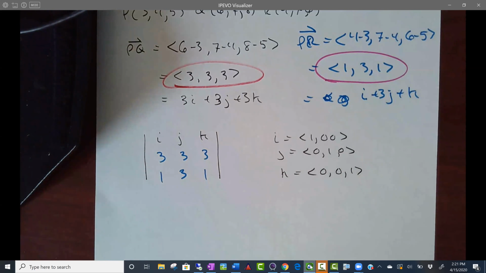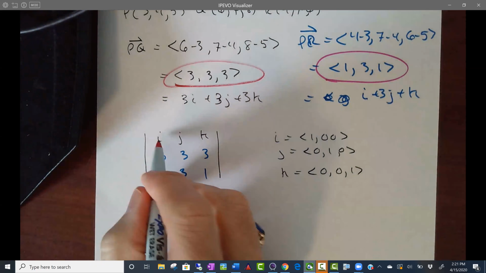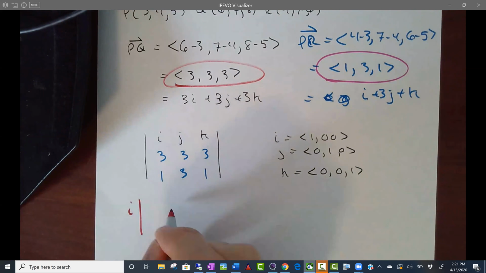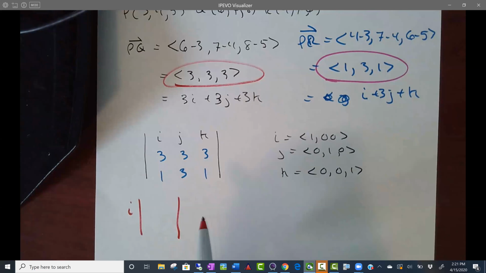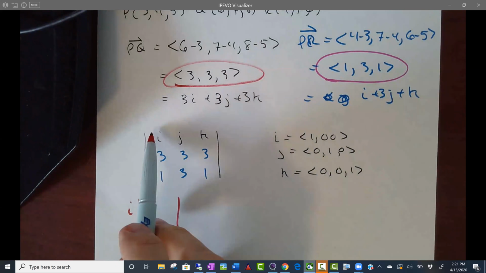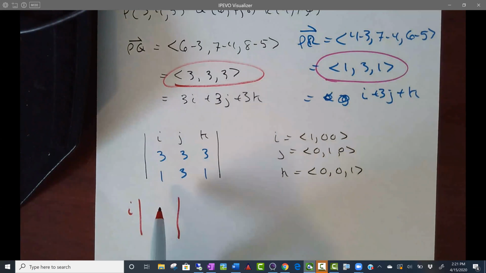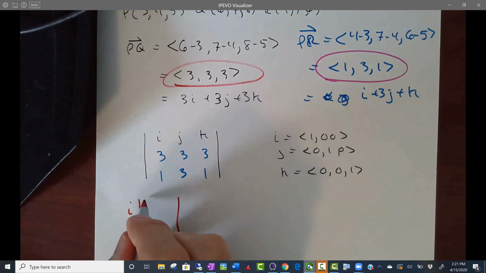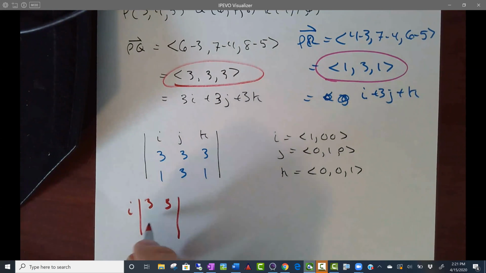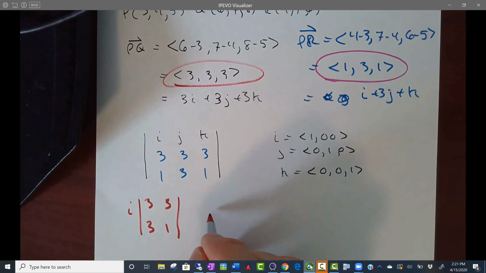I don't know if it's been a while since you've calculated a determinant by hand, especially by cofactor expansion, but the way it works, you start out at the top row, i, and you're going to multiply by the determinant that you would get if you crossed off this row and this column. So that would leave behind a 3, 3, 3, and 1. And then I'll move over and do the same thing with j.